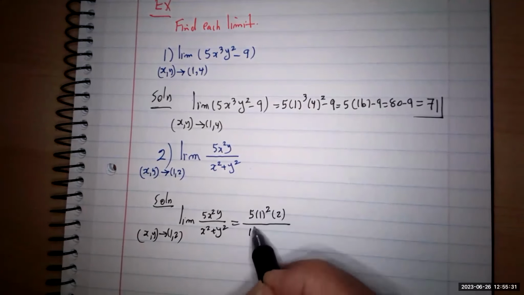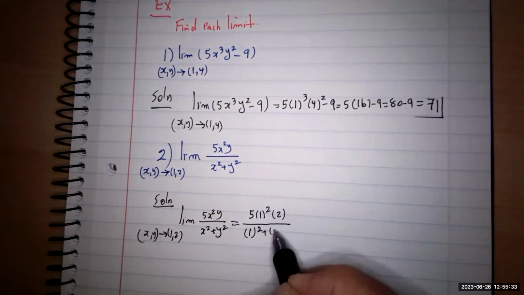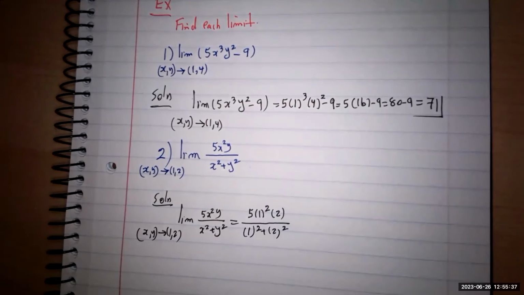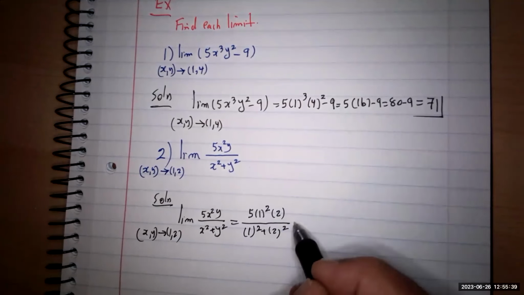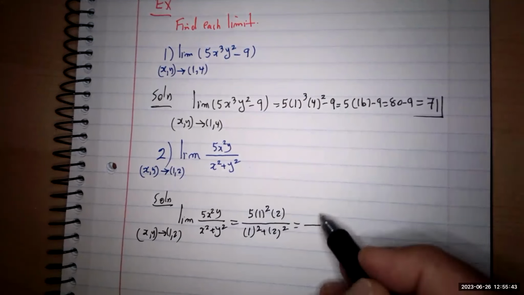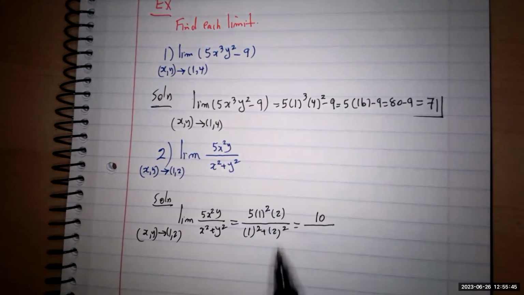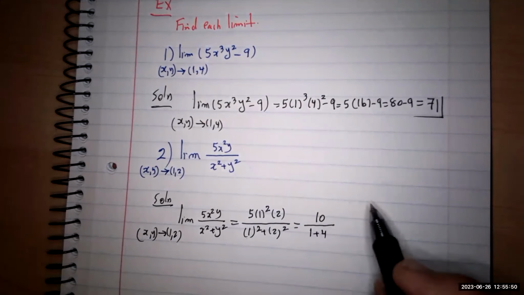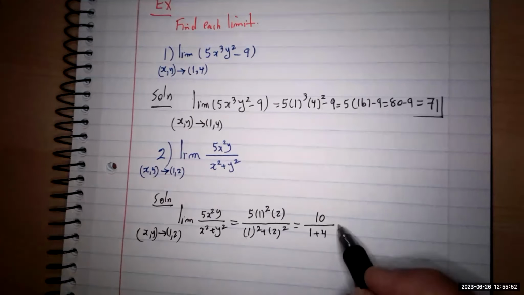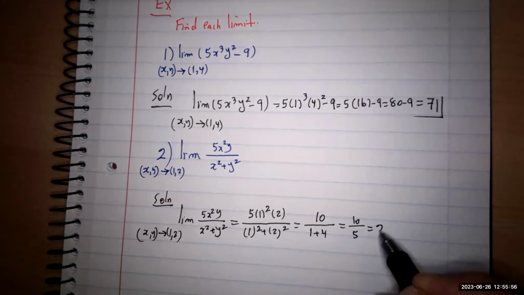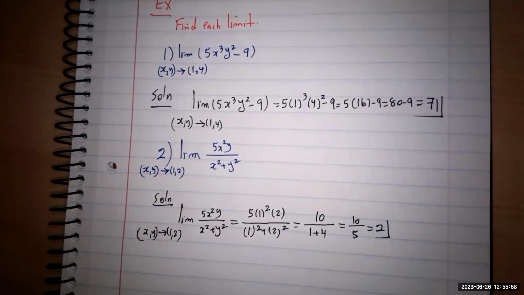The bottom is 1 squared plus 2 squared. So the top is 5 times 2, which is 10. The bottom is 1 plus 4, which is 5. So that gives you 10 over 5, which is equal to 2. The limit is 2, and you're done.